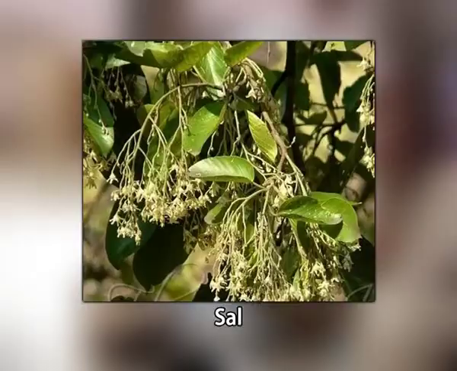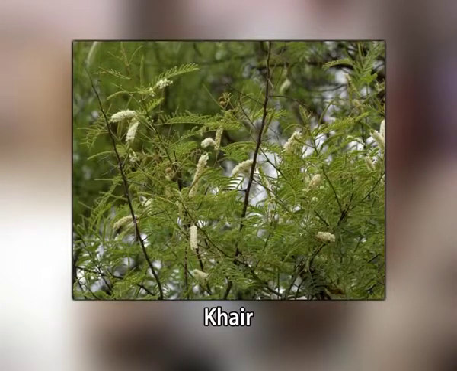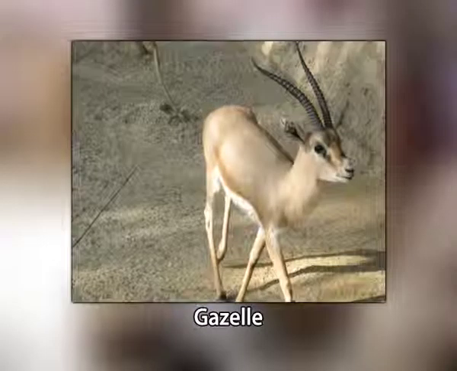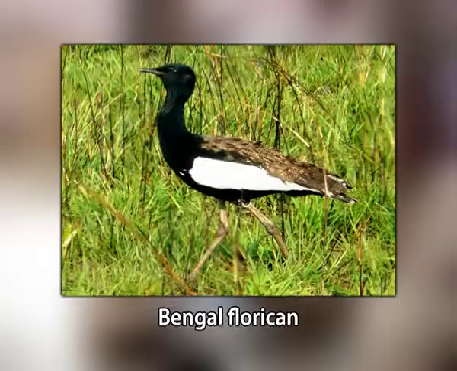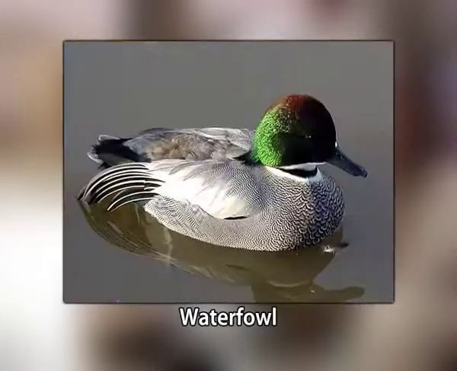The trees belonging to these forests are teak, sal, shisham, mahua, khair, etc. The fauna includes elephants, black buck, gazelle, rhinoceros, Bengal florican, crocodile, freshwater turtle, and dense waterfowl community. The Gangetic Plain is one of India's most fertile regions. The soil of this region is formed by the alluvial deposits of the Ganges and its tributaries.